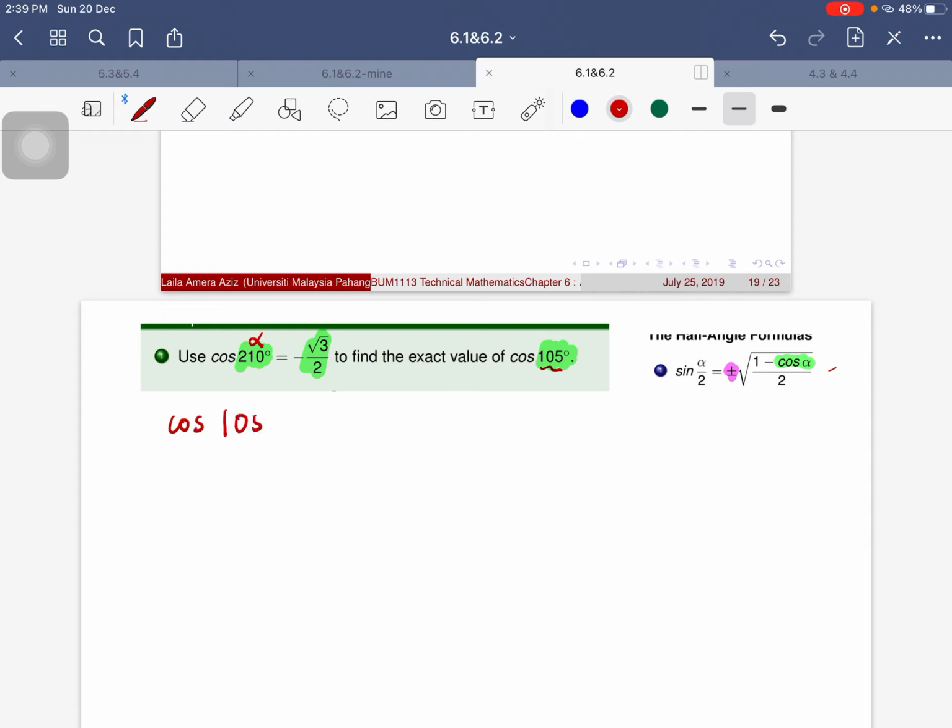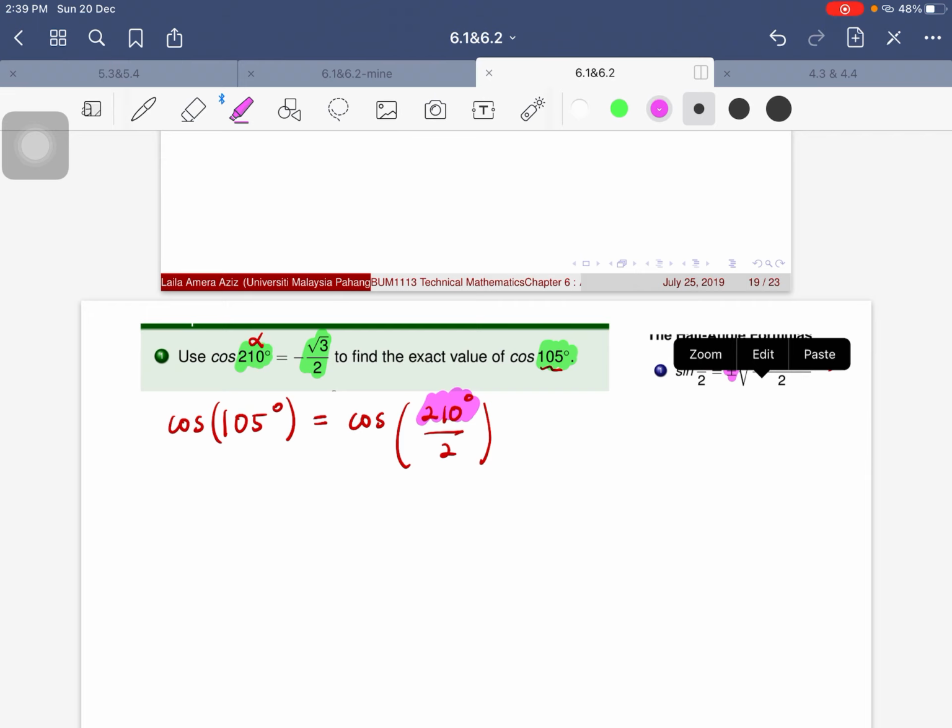So we can write that cos of 105 degrees is equivalent to cos of 210 degrees divided by 2.